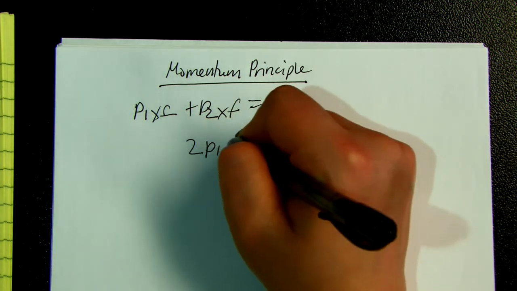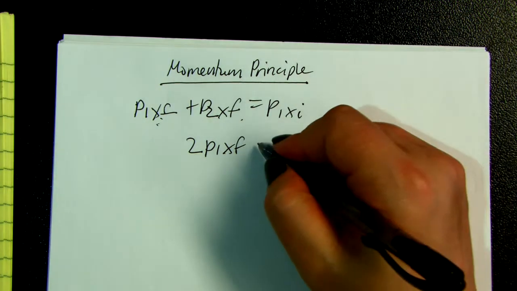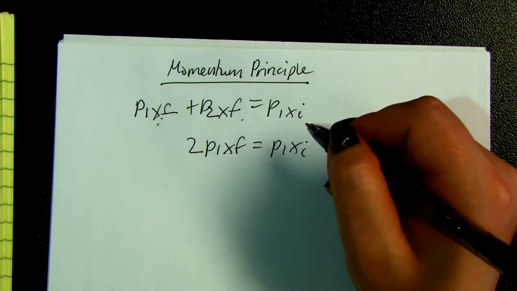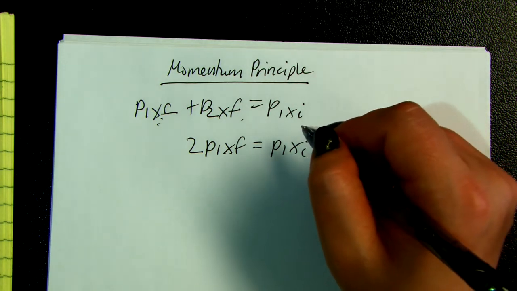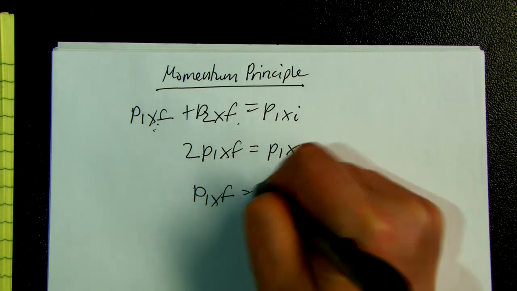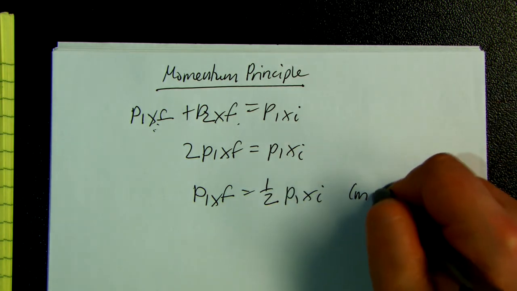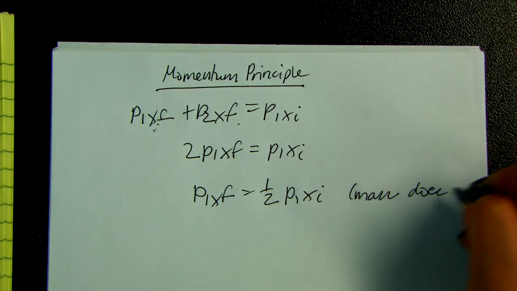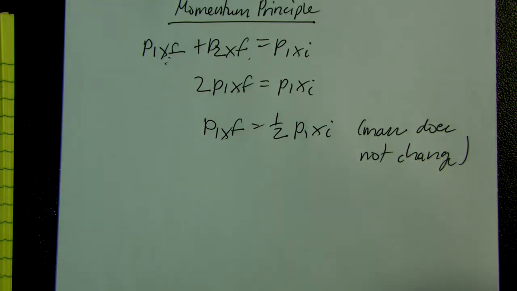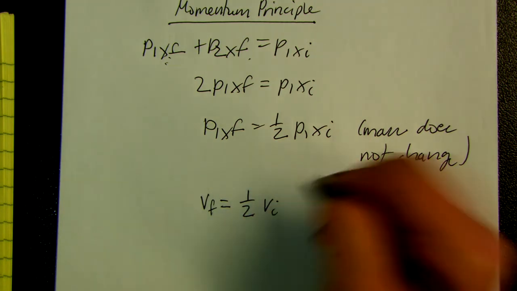So 2P1x final, because these have the same mass and they're going at the same speed, is equal to P1x initial. So P1x final is equal to 1/2 P1x initial. Mass does not change, and therefore v final is equal to 1/2 v initial.